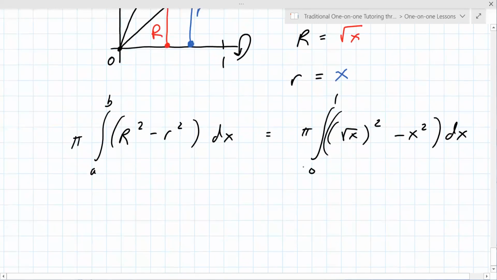So would you attempt to find the antiderivative and evaluate it at the limits there and see what you come up with for a final answer?